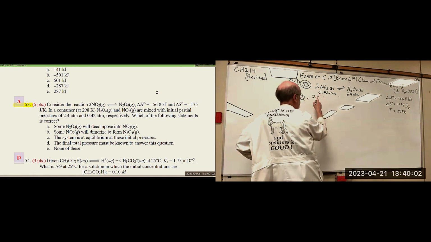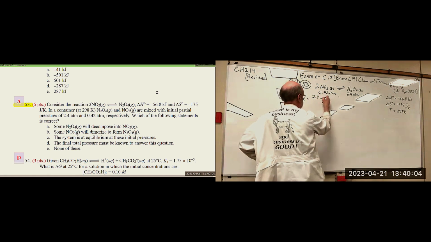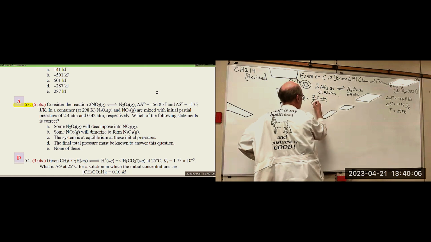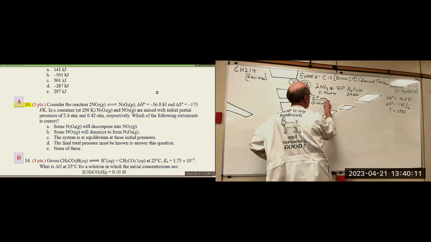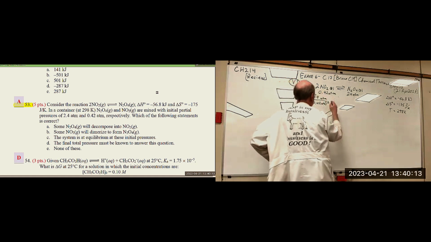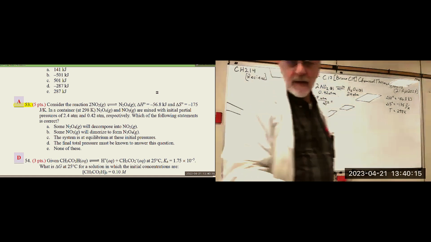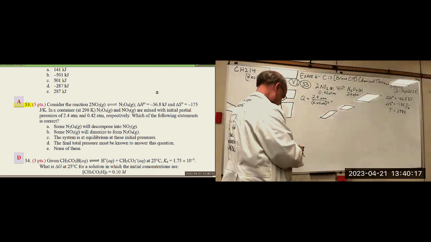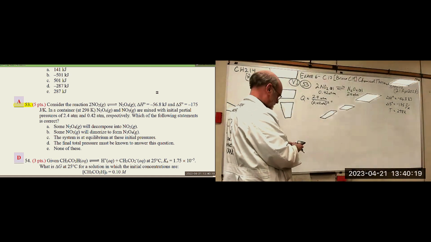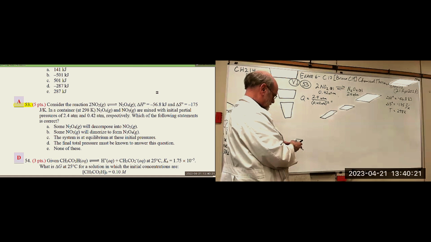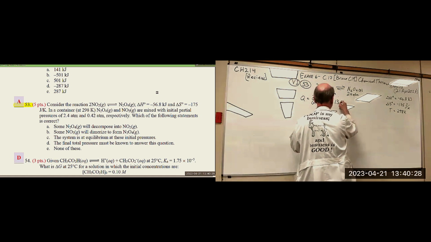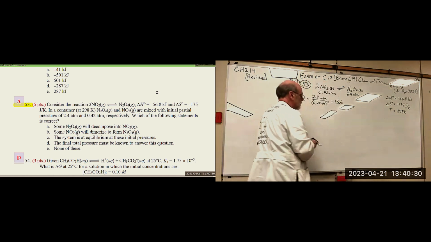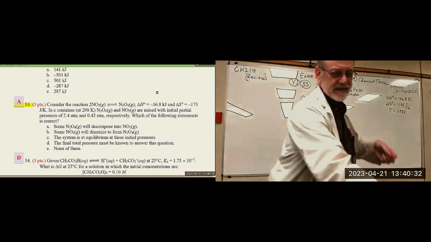Q equals 2.4 atmospheres divided by 0.42 atmospheres squared. So I'd go ahead and calculate that one. Squared and then divide. So I get 13.6 for the Q. Calculating the K is a little more difficult.